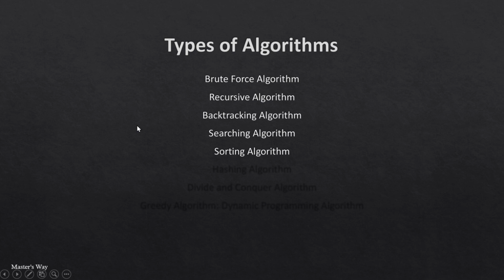Now we have another algorithm, the sorting algorithm. The name itself defines that it will arrange a group of data in a particular manner according to the requirement. The algorithms which help in performing this function are called sorting algorithms. Generally, sorting algorithms are used to sort a group of data in increasing or decreasing order.